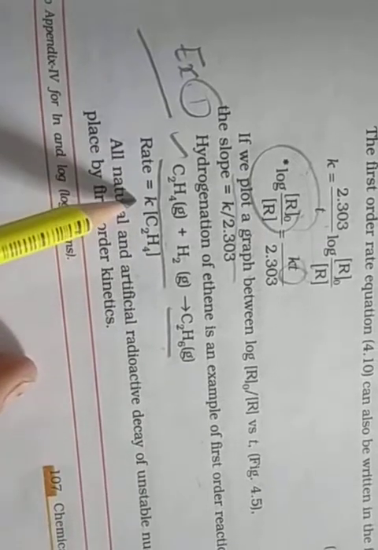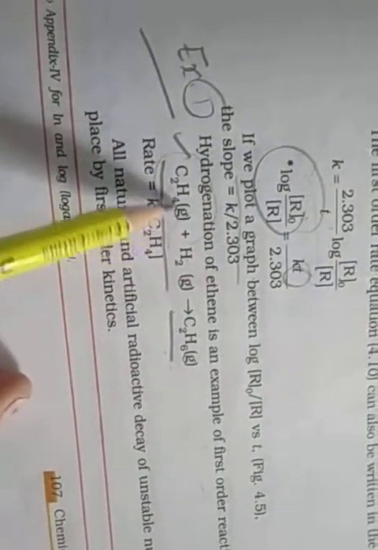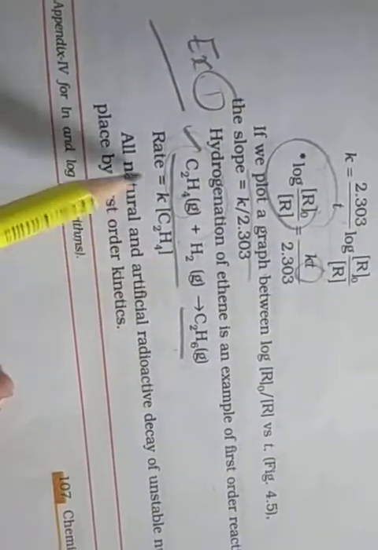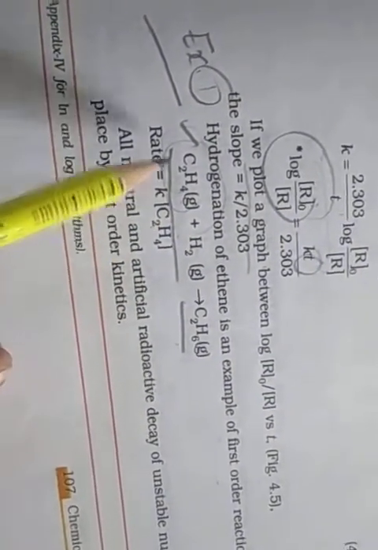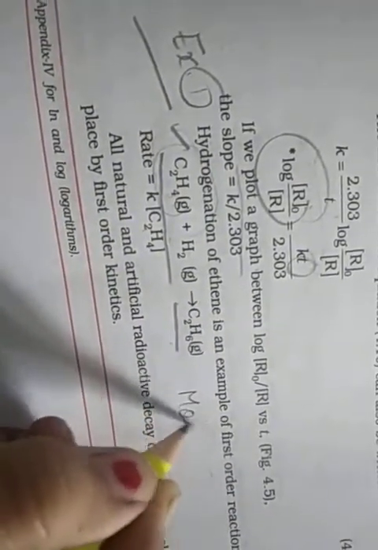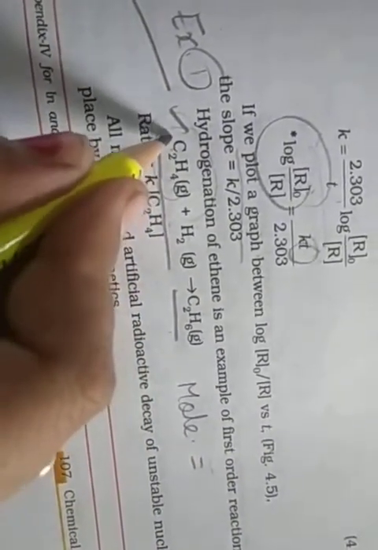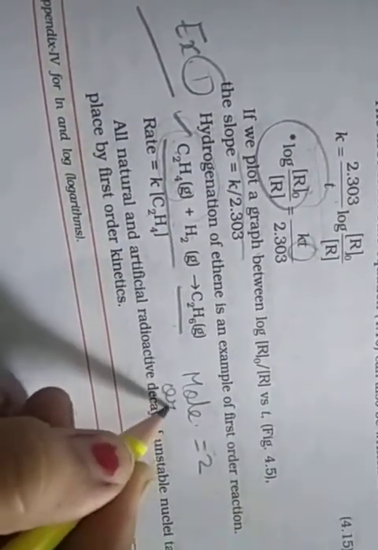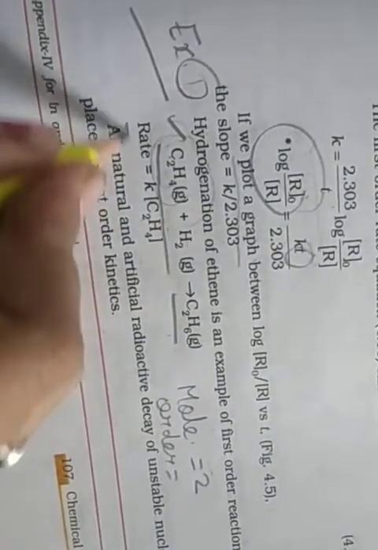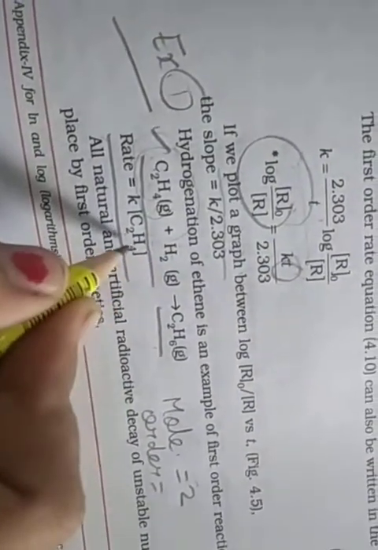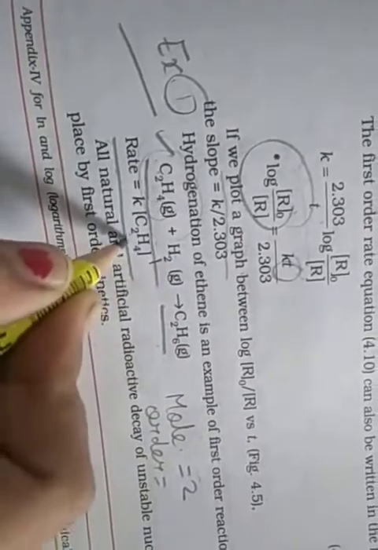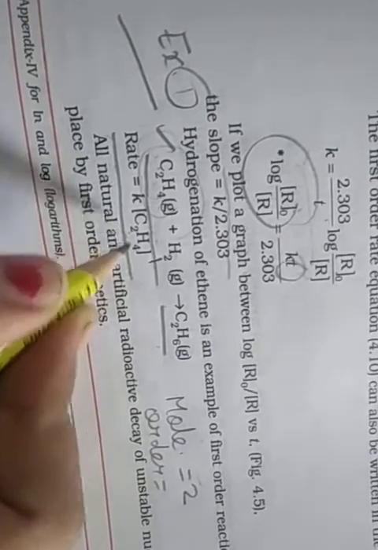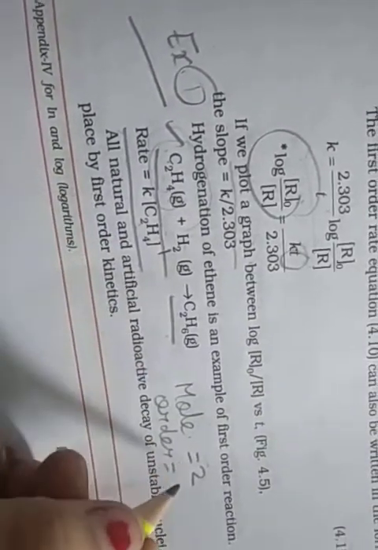The rate depends only on the molecule C2H4, so rate is equal to k[C2H4]. Here the molecularity is 2, one molecule of C2H4 and one molecule of hydrogen. But the order is 1, because in the rate law expression the rate depends only on the first power of the concentration of the reactant C2H4.